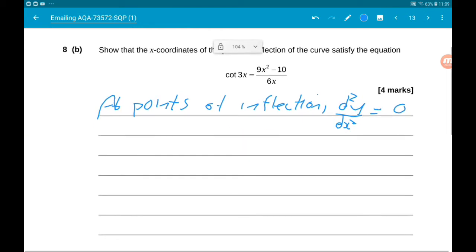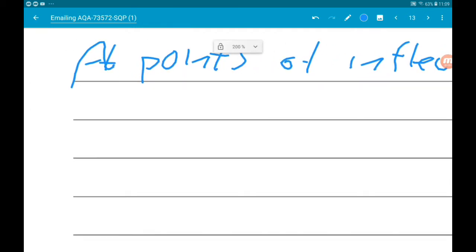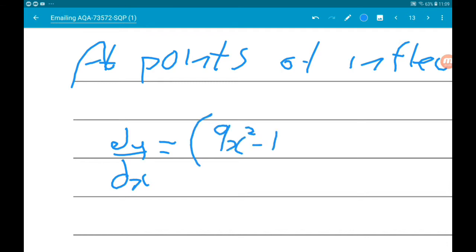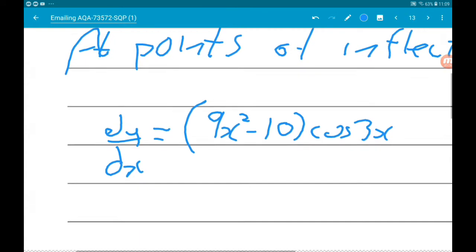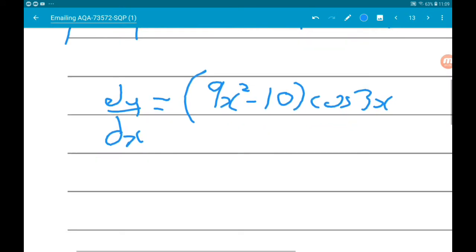Now we know from part A that dy by dx is 9x squared minus 10 cos of 3x. So what we need to do is differentiate that, d squared y by dx squared. So again, we are using the product rule.